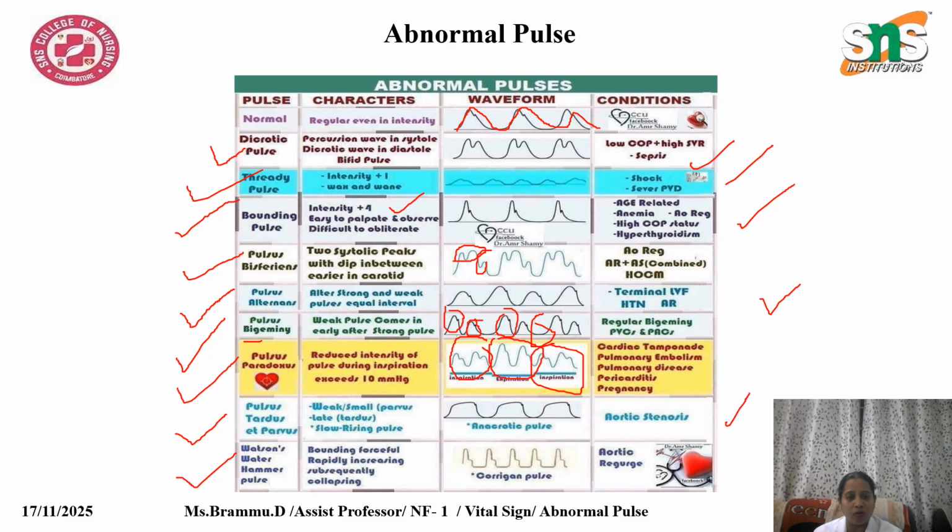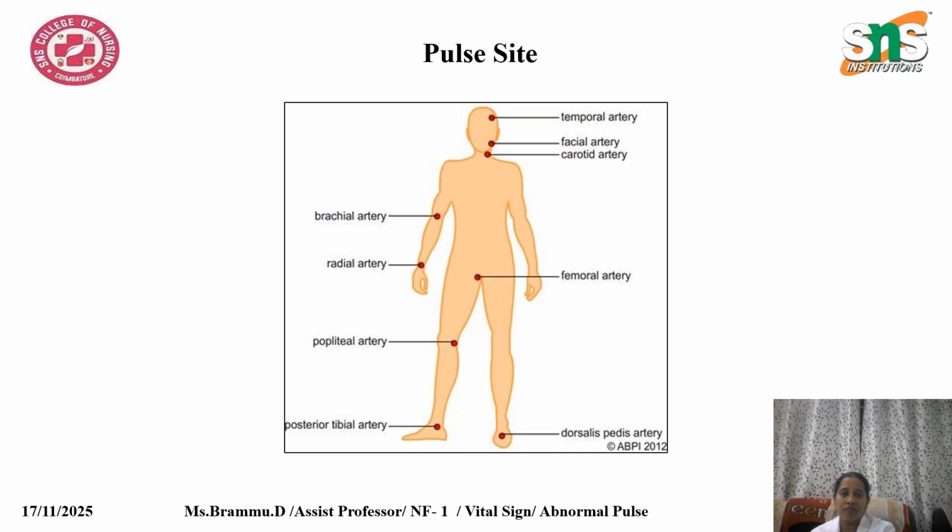And in a water hammer pulse, the pulse is very much bounding and very rapid, more than 100, and increasing. You can see an example of the Corrigan pulse, or water hammer pulse, mostly seen in aortic regurgitation.